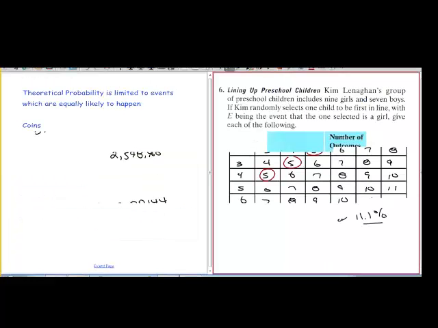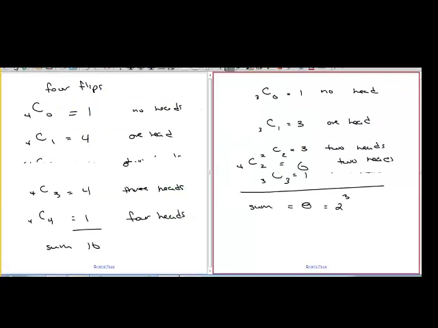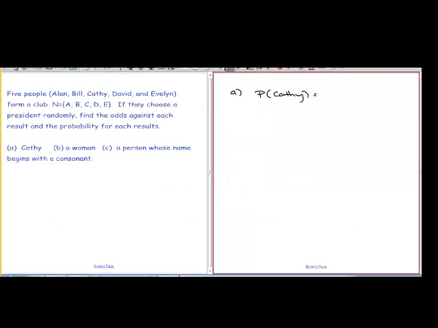The total number of outcomes in this case is the total number of people to choose from. So the probability of picking Kathy is 1 divided by 5, the 5 remaining people.